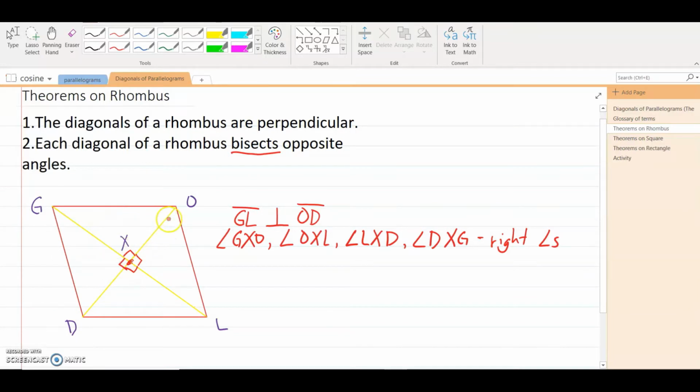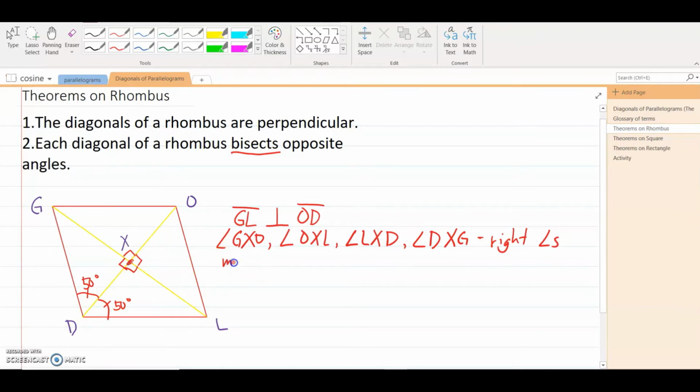So for example, if this particular angle ODL is, let's say, 50 degrees, then the other angle that bisects this angle is also 50 degrees. Pareho yan 50 degrees.